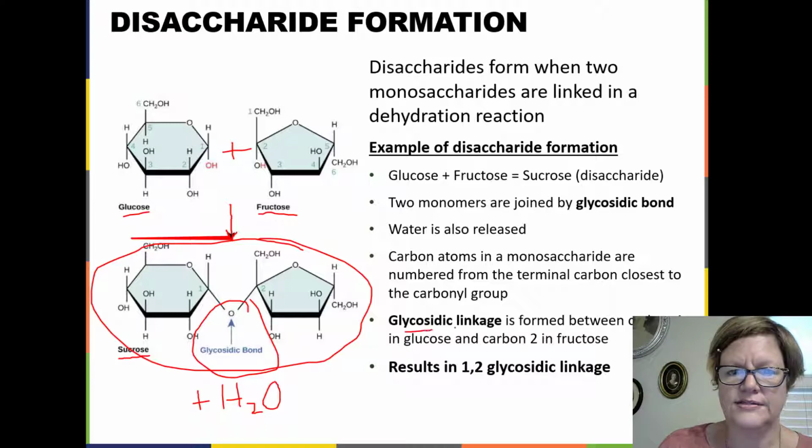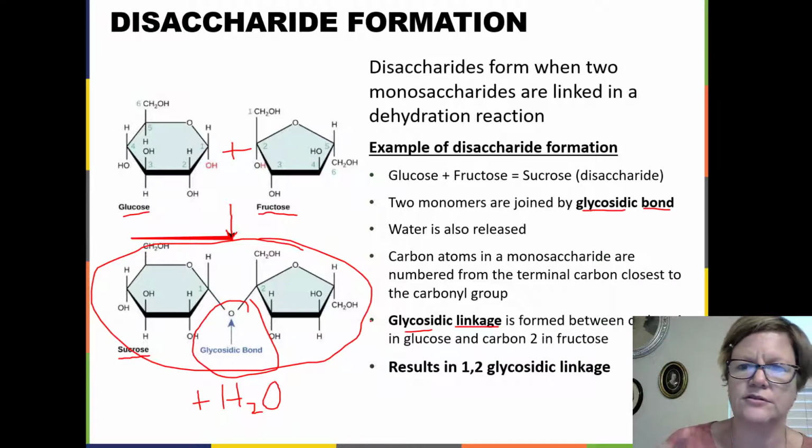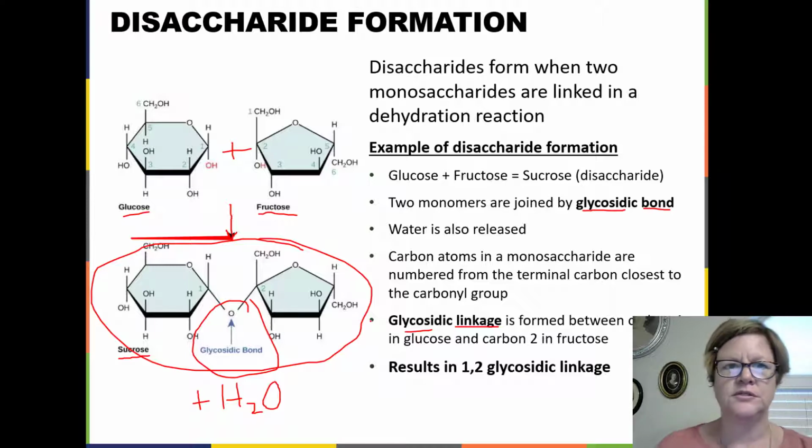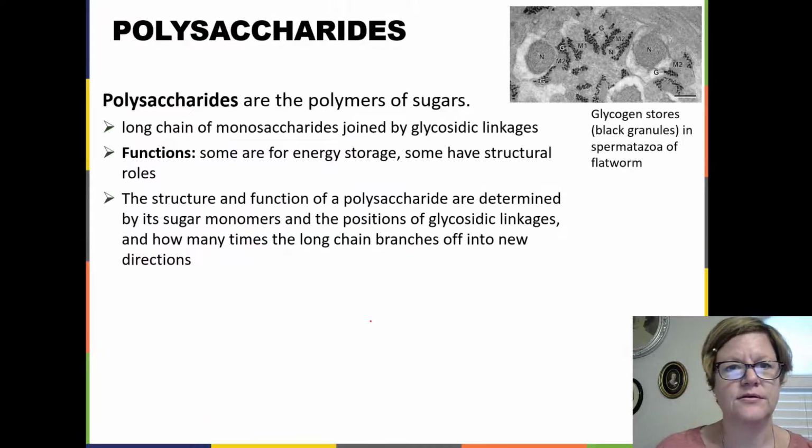Sometimes it's also called glycosidic linkage, but the word glycosidic is kind of your key giveaway. So the glycosidic linkage is something that forms when sugars are joined together covalently.